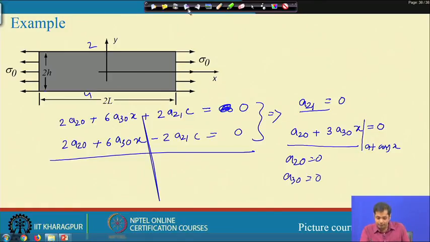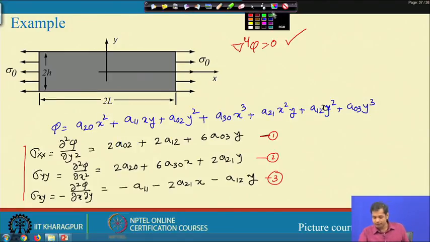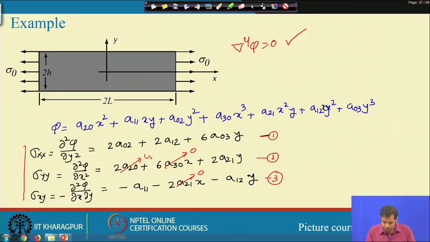Okay. So, then on this expression, what are the things you have? You have A21 is equal to 0, and then A30 is equal to 0, and A20 is equal to 0. Okay.